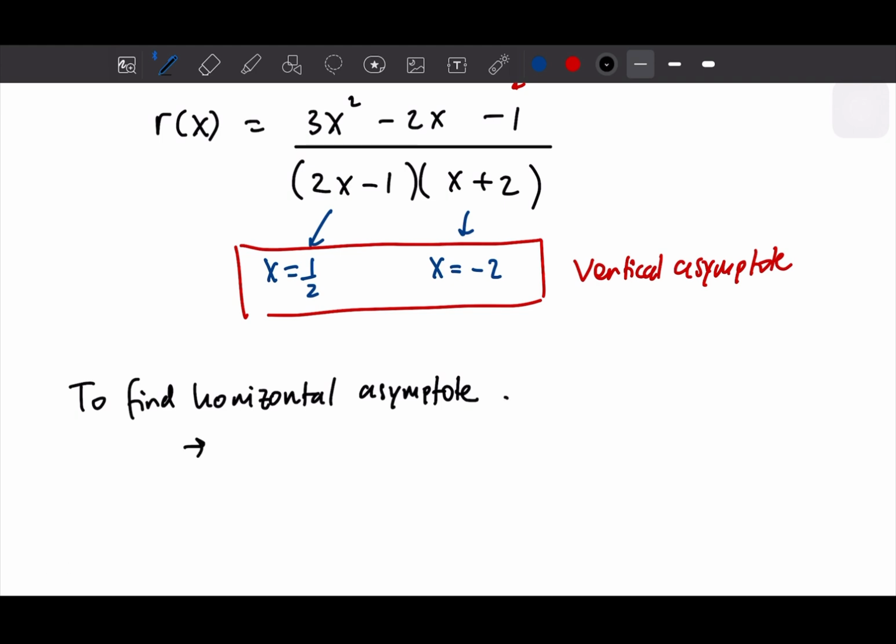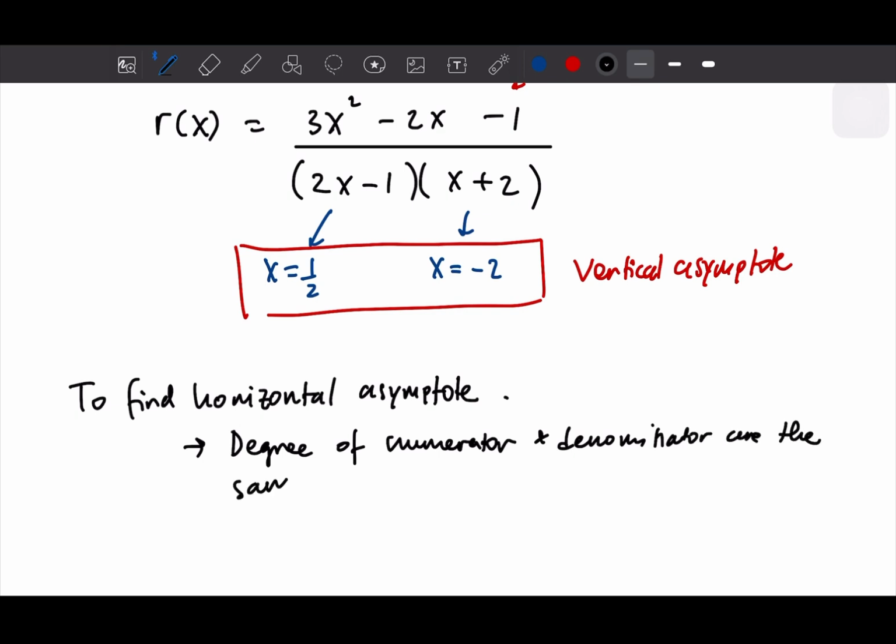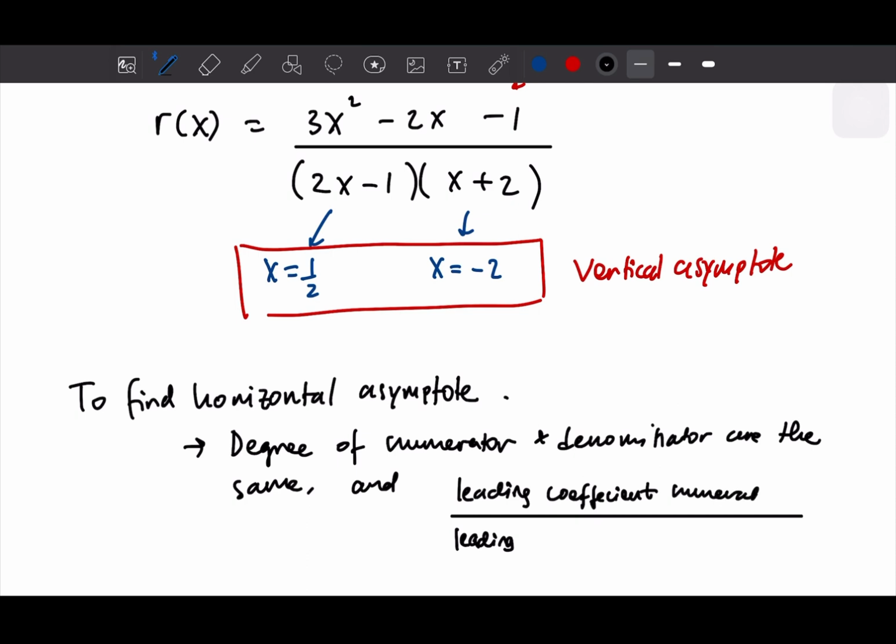we need to make sure first the degree of numerator and denominator are the same, and we look at the leading coefficient of the numerator over the leading coefficient of the denominator.